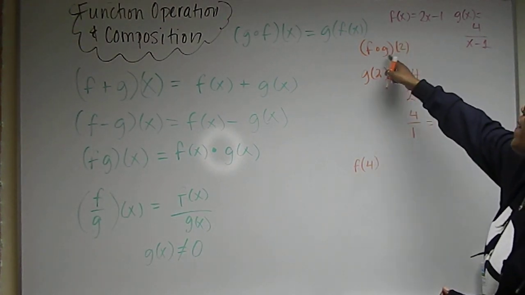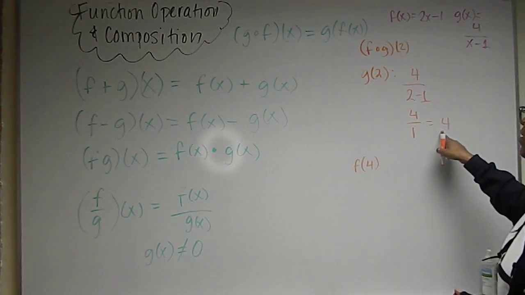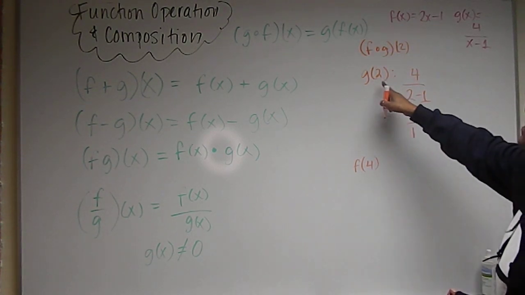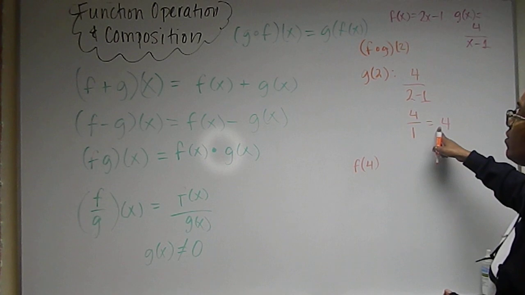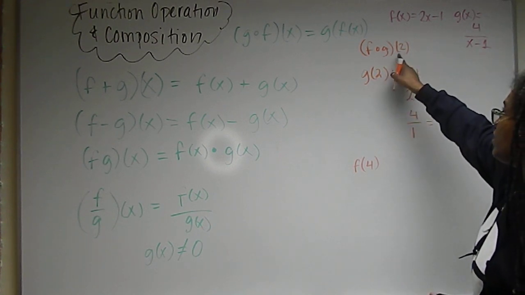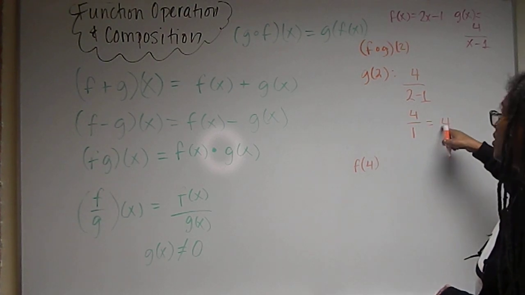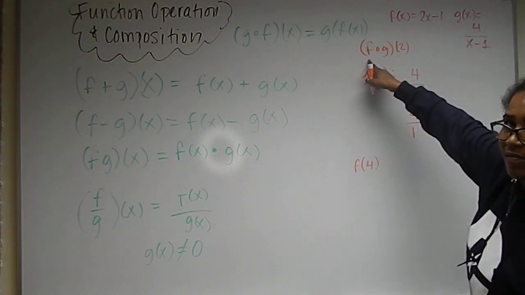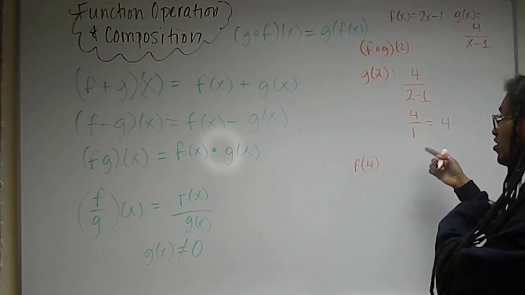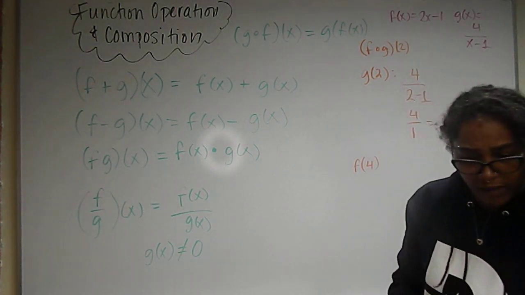Since we're going to put that value, whatever g of 2 is, which is 4, into our f of x, so now you're doing this part.